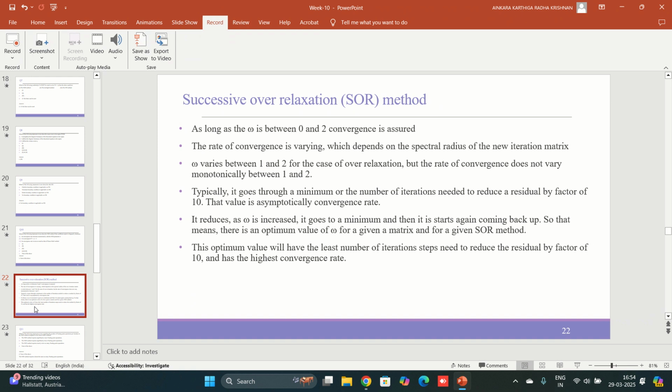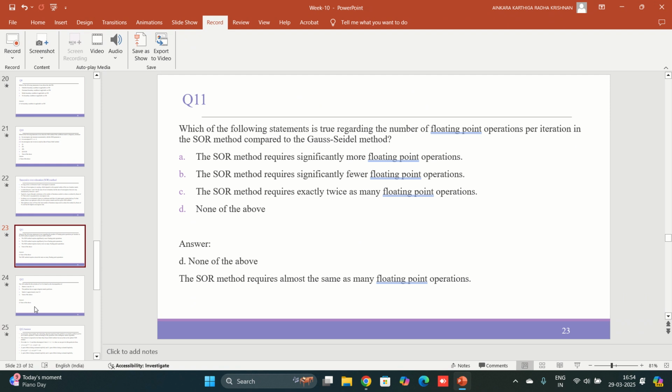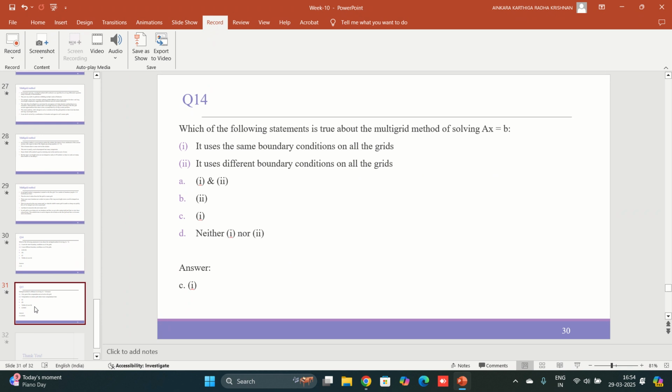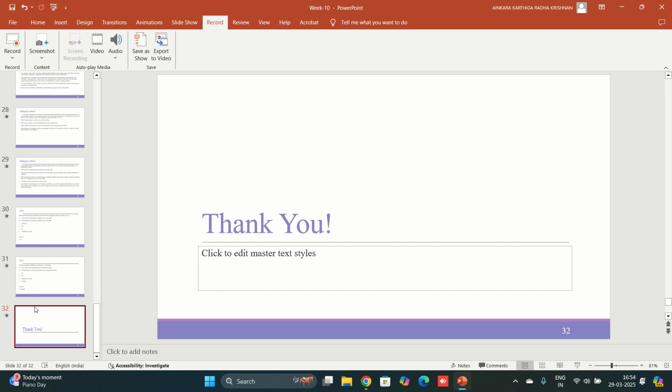So we have an optimum value for omega, and for the given SOR method, which will have the least number of iteration steps to reduce the residual by a factor of 10, and that has the highest convergence rate. So we have seen about that, and SOR method requires the same number of floating point operations as the Gauss-Seidel method, and ADI method again is Stone's implicit procedure and multigrid method. So yeah, that's it for today's class.